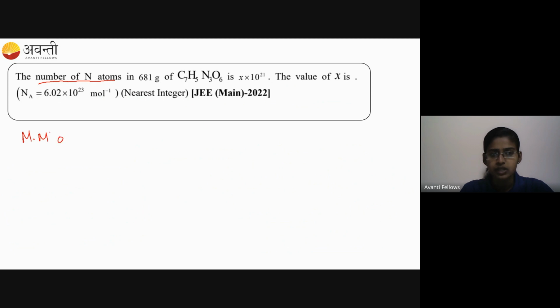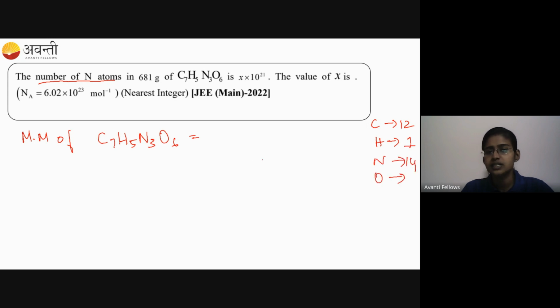So to find out the molar mass of this given compound, which is C7H5N3O6, I calculate using the atomic masses of carbon as 12, hydrogen as 1, nitrogen as 14 and oxygen as 16.